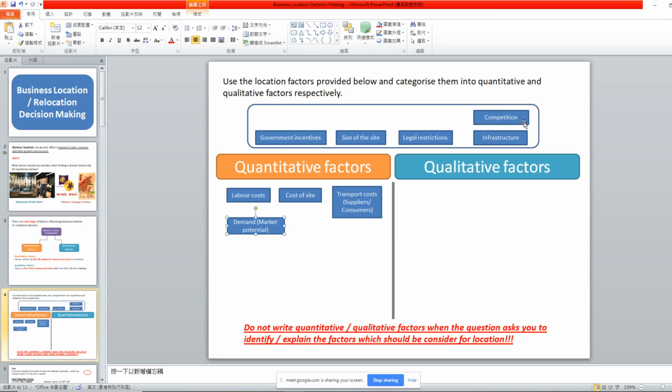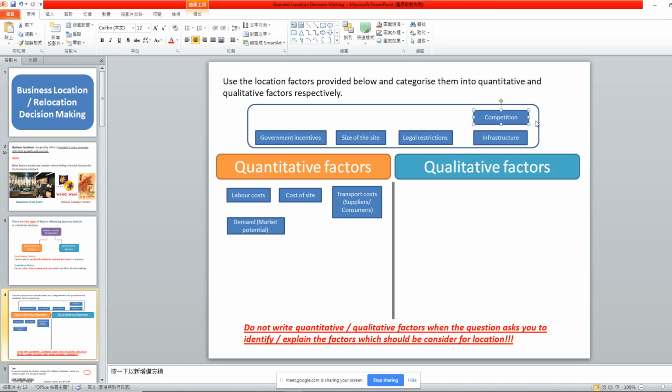So let's go to the next one. The next one here, competition. Which one, left or right? Right.